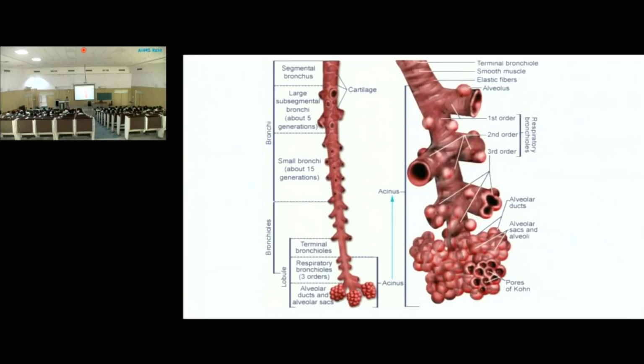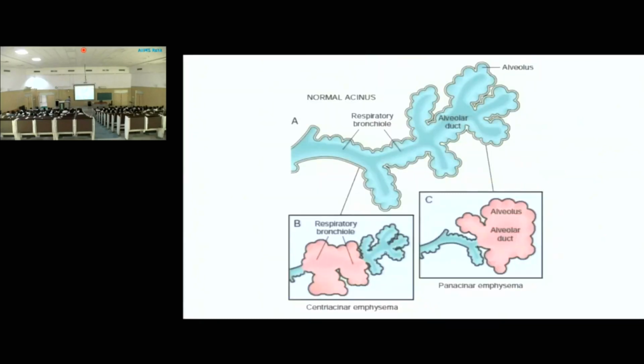So we can see here in this diagram, I already told you, this is the bronchi, then I will cover this afterwards. We will see this one. So what is the site? According to the site, it has been divided, right? So what is centriacinar? As we have told, this is the respiratory bronchiole, right?